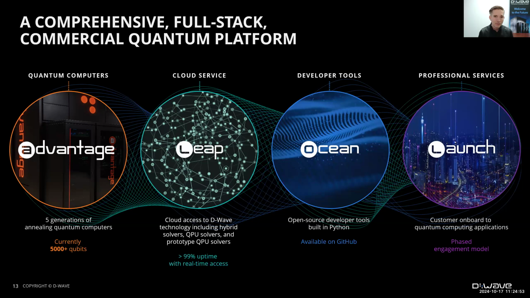And that connectivity is increasing to 20-way interconnectivity, as you can see in our Advantage2 prototypes, which are online right now. That's a good point to mention, they're online and available to you in our Leap Quantum Cloud service. So this allows you to sign in, get access to the systems, monitor your usage, look at open source examples for applications, and then build off of those examples to get applications built quickly.